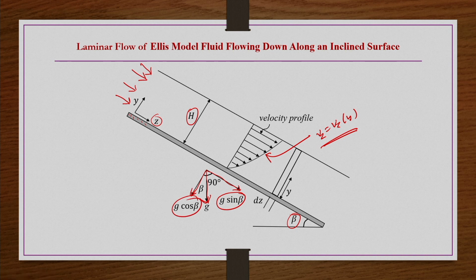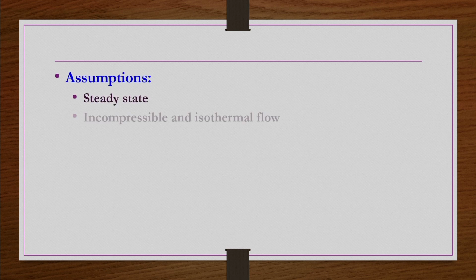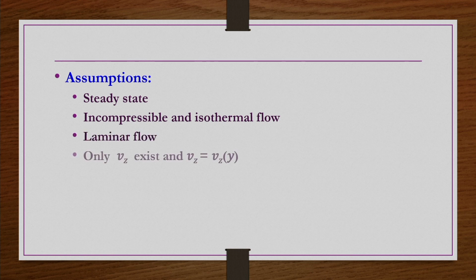right. So, now what do we do? We make these simplifications, right. We write the constraints of the problem. We are taking steady state, incompressible and isothermal flow conditions, laminar flow, only Vz is existing and Vz is a function of y. This material that is flowing down is actually very thin. The thickness of the material is very thin.